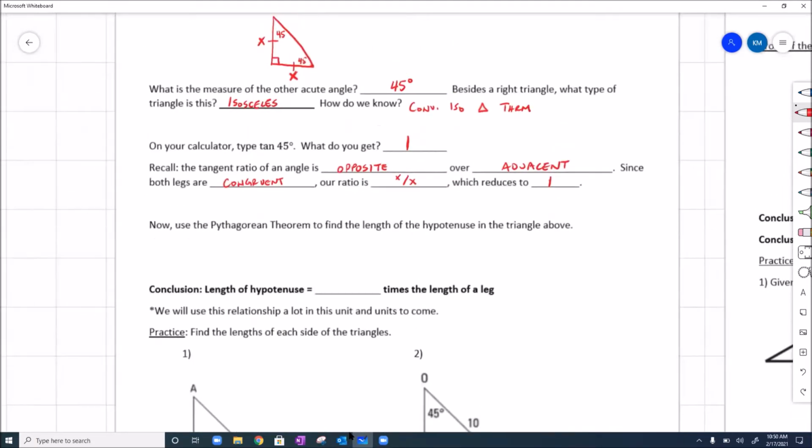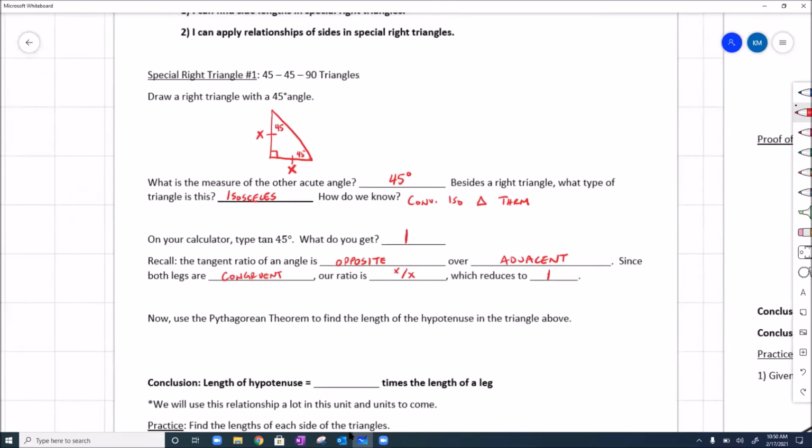It says now use the Pythagorean theorem to find the length of the hypotenuse in the triangle above. In this triangle, where we still don't know these two sides, we're going to call them x. What would the hypotenuse be? Well, the Pythagorean theorem tells us a squared plus b squared equals c squared, remembering that our legs are a and b, and our hypotenuse is c.